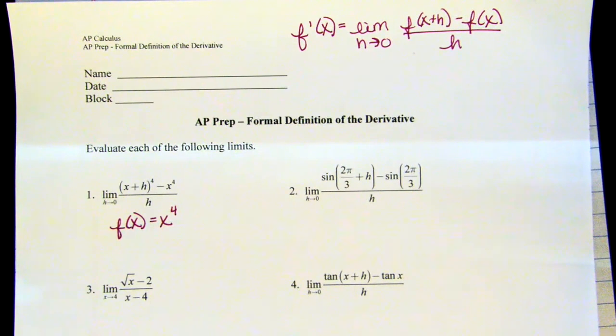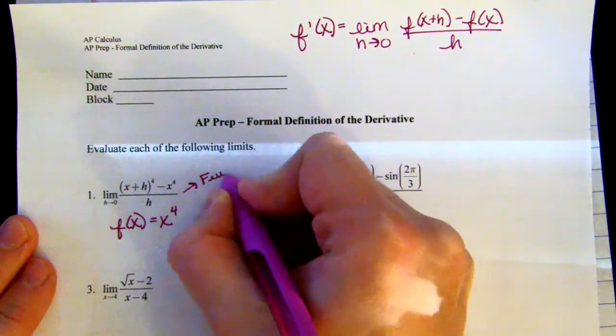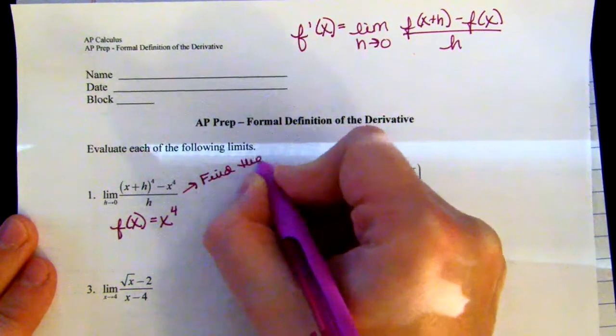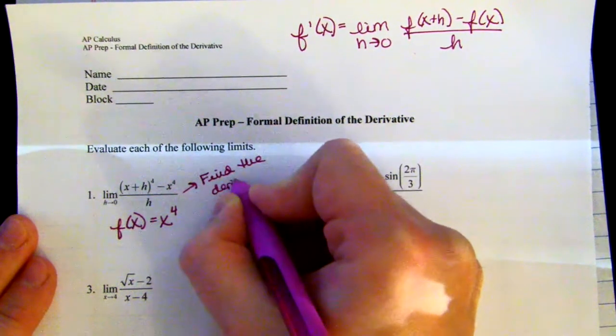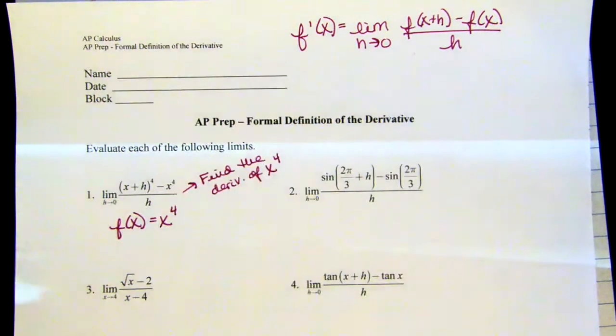And what number 1 is doing, if we were actually able to go and expand it and then simplify and take our limit and all that stuff, this is really saying, find the derivative of x to the 4th. Problem number 1, the way it's written, is really just saying, find the derivative of x to the 4th.